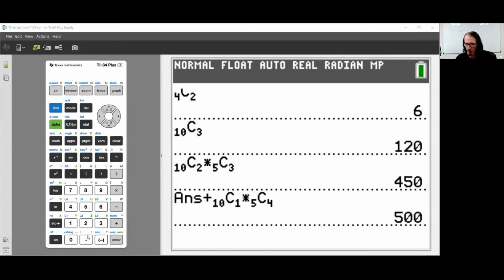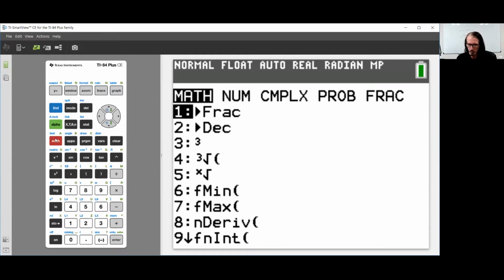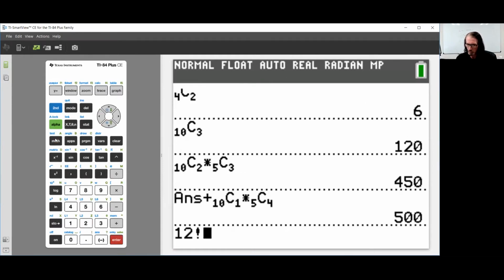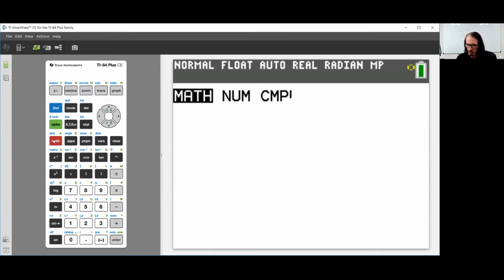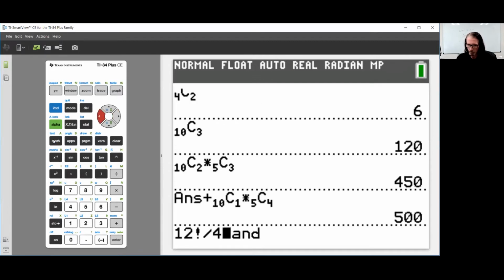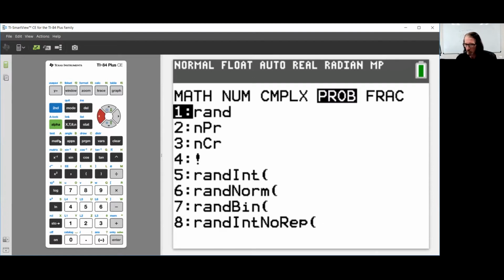Okay, 12 factorial divided by 4 factorial. Oh, typed that wrong. Delete that. There we go.